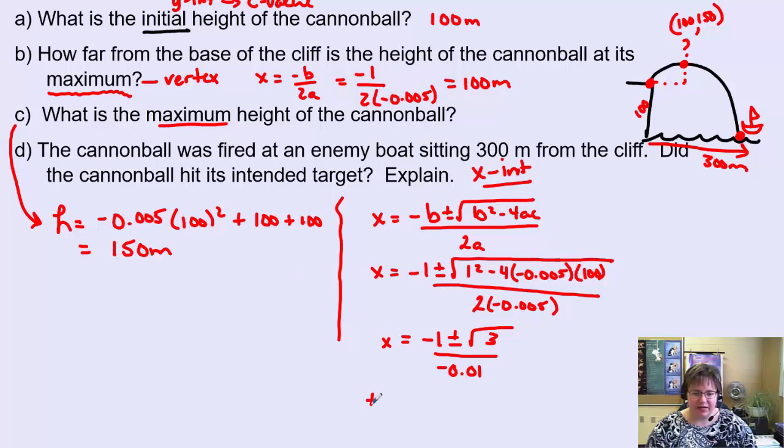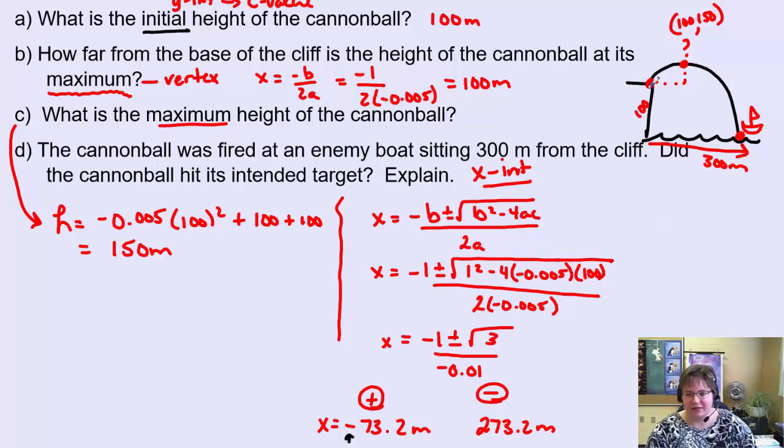The positive case, the adding part, minus 1 plus the root of 3 over that, gives me negative 73.2 for x. And if I do the negative 1, where negative 1 subtract square root 3, all divided by negative 0.01, I get 273.2 meters.